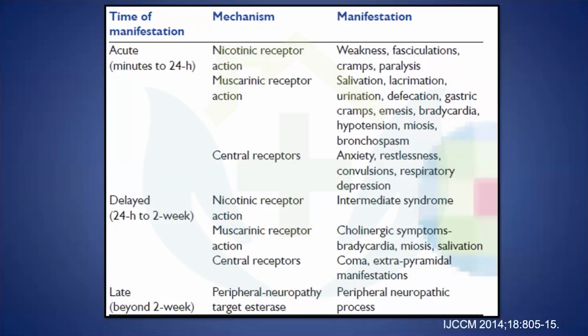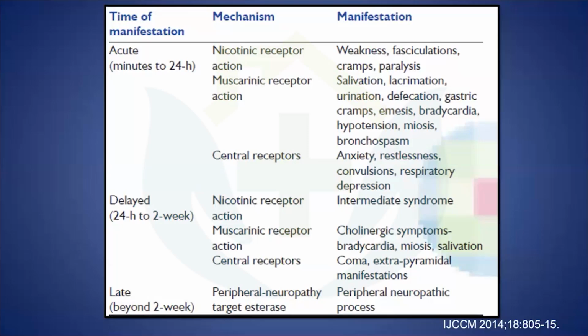We will explain it when we discuss management. We often find it in ICU patients who come with organophosphorus poisoning. Muscarinic action: cholinergic symptoms, bradycardia, miosis, salivation; central receptor: coma, extrapyramidal manifestation.